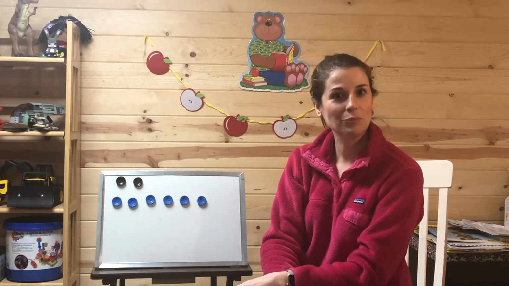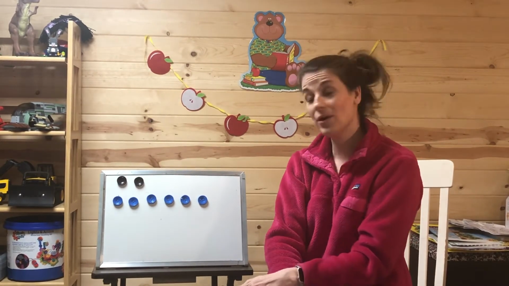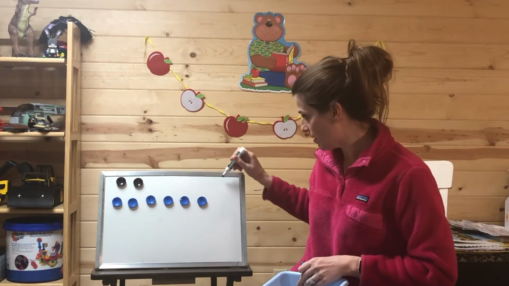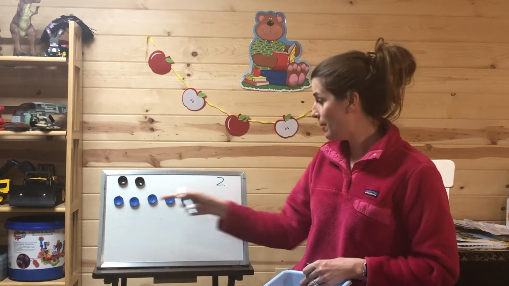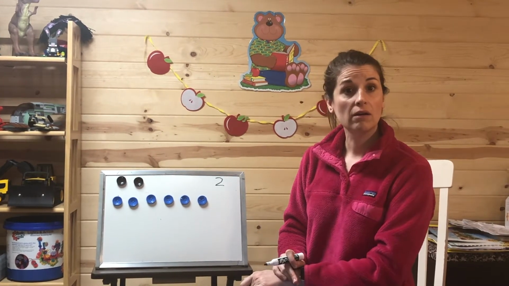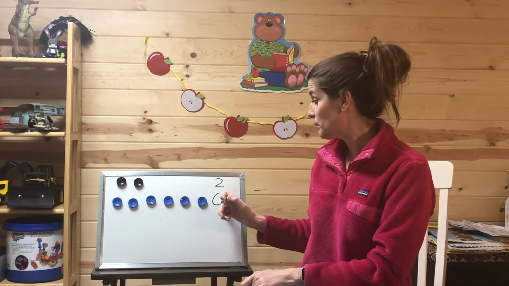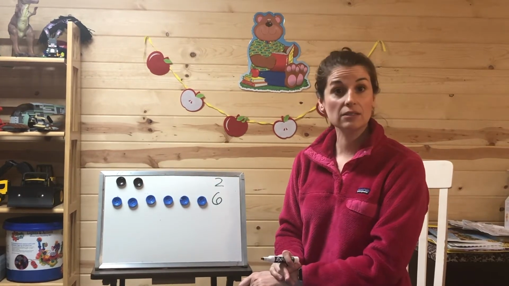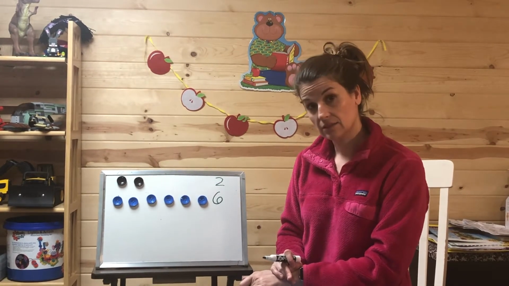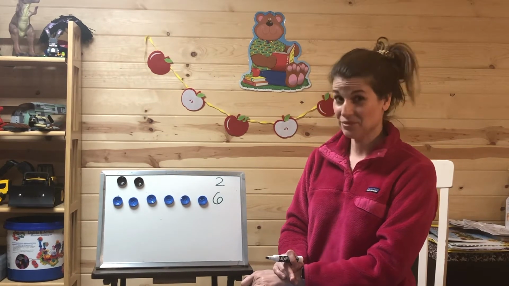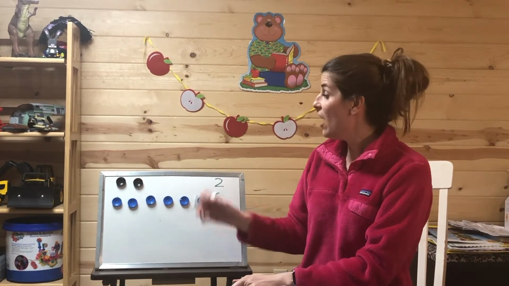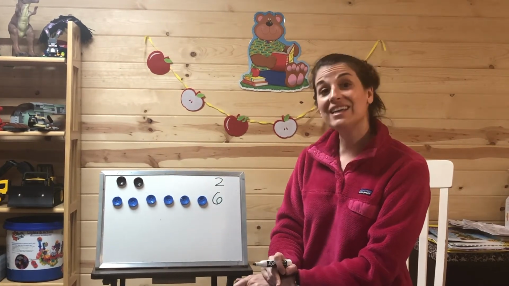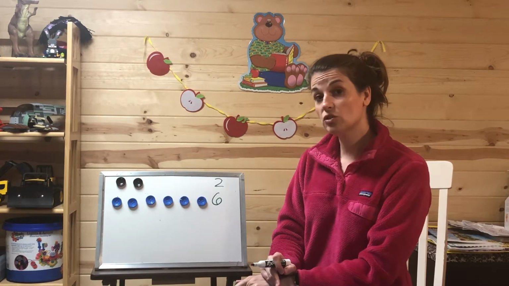Take a peek. What do you see? My top row has how many? 2. Okay, so right now there's 2 there. How many blues are there? 6. Okay. Is 2 less than 6 or is 2 greater than 6? It is less. Very good. How many more dots do I need to draw to make these two numbers equal?